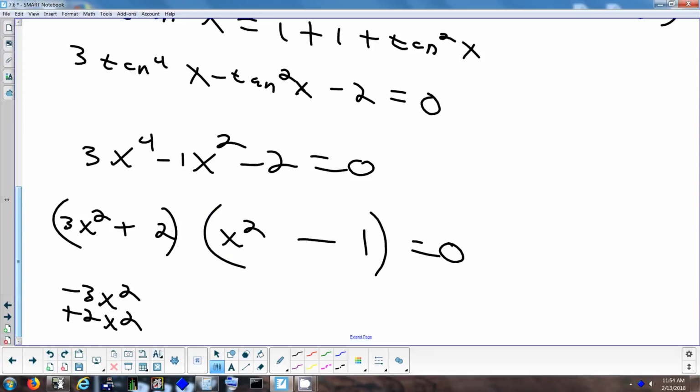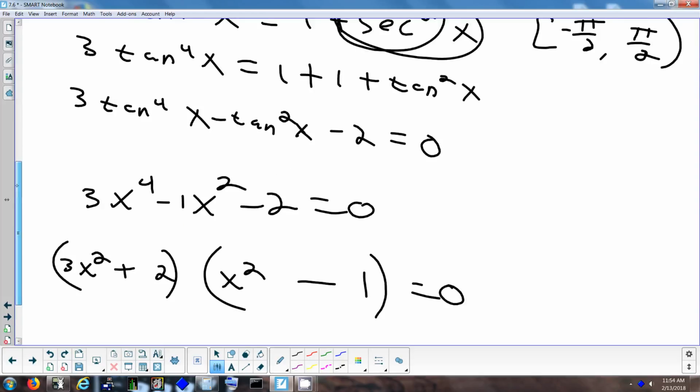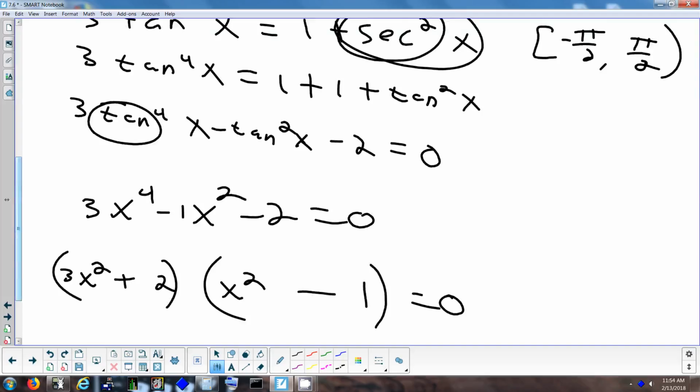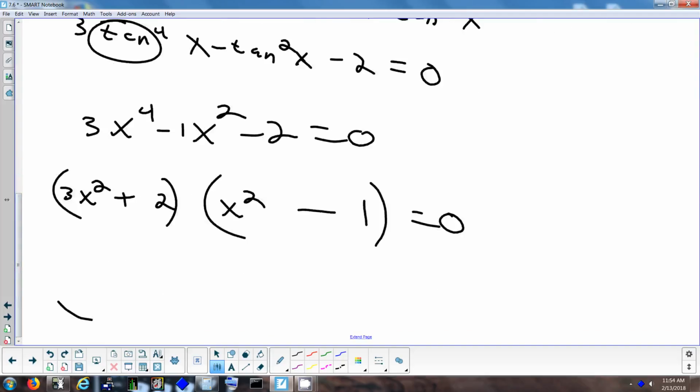Yeah, so we factored it correctly. So what was x really though? We just did that to make it look easier. X is really tan. So write what you have right here, but change your x's back to tans.